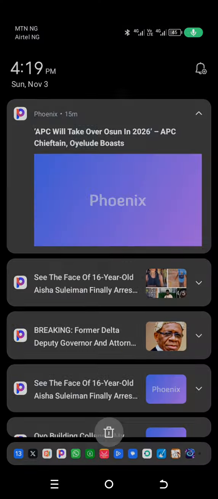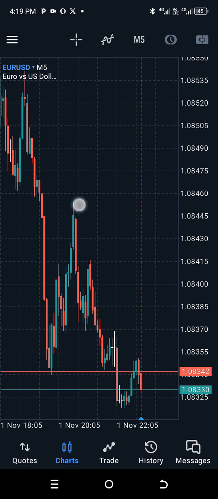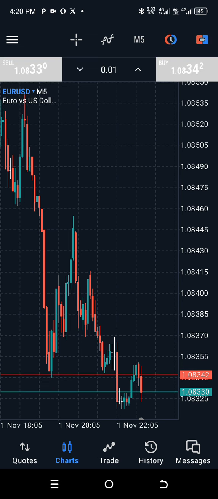Whenever you want to enter a trade, this is a demo account of mine which I opened recently. Let's assume I want to place a trade. The first thing I do, I believe we are already aware where the icon for placing a trade is. So this is basically where you can enter a trade.